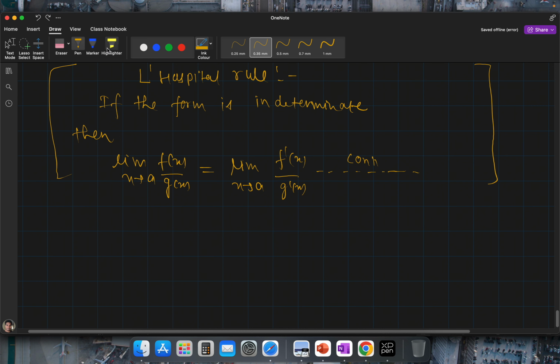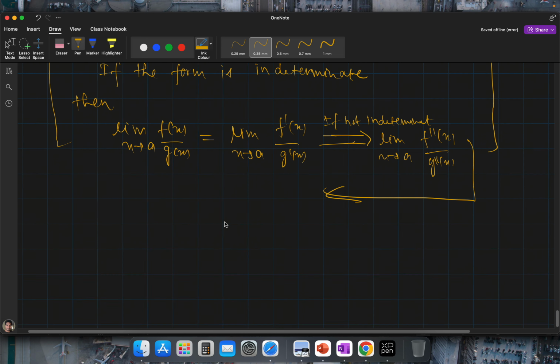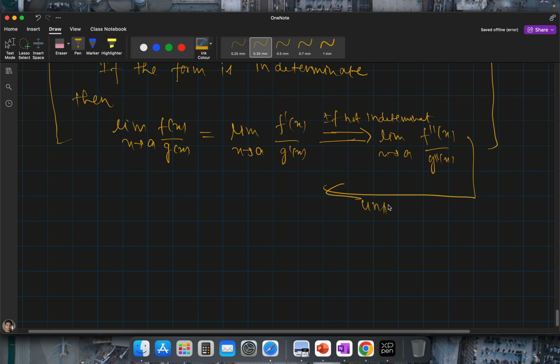If it is still indeterminate, then you have to again do the derivative, the second derivative, and you have to do this until you get a finite value.